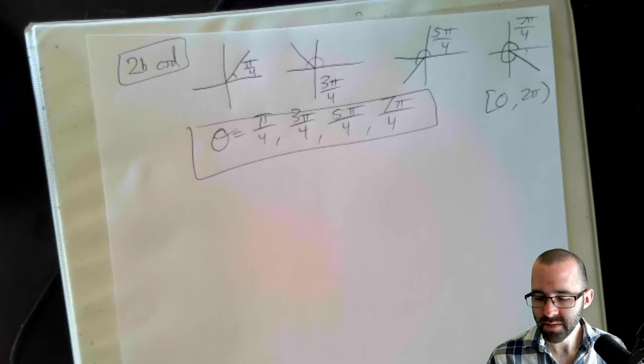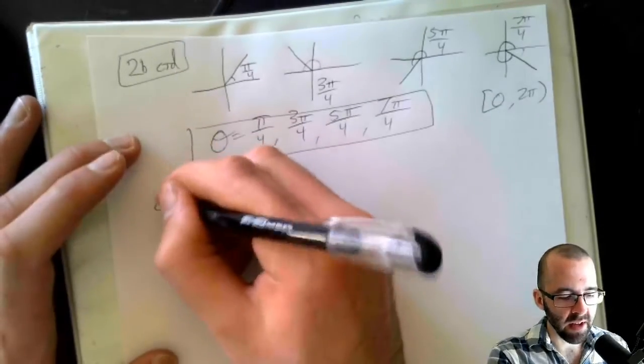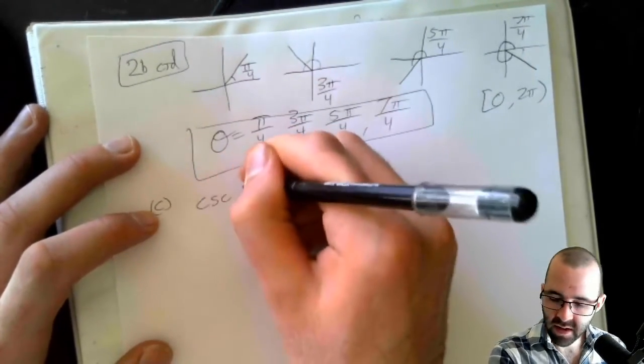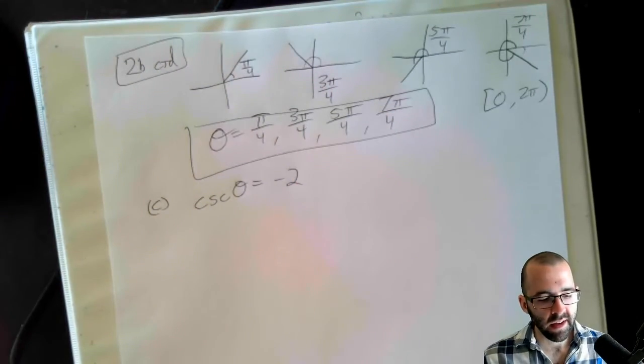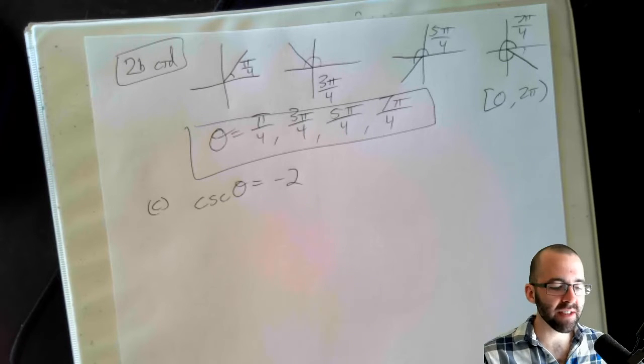All right. So let's just keep on going through these. We're going to see something a little different. Cosecant equals negative 2. I'm just going to say something because there are 2 ways of doing this.